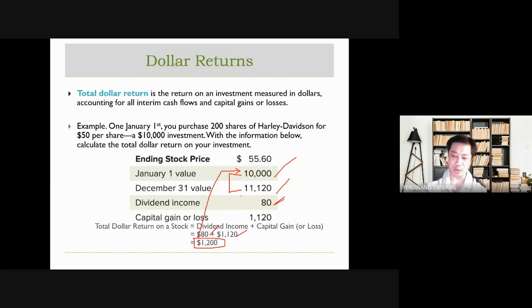Now, if you want to get the capital gain in percentage, you simply divide the 1,120 against 10,000. And if you want to get the dividend return in percentage, yung 80 divide mo lang sa 10,000. Kaya yung total return na 12%, hatiin lang natin into dividend gain at saka capital gain in terms of percentage.